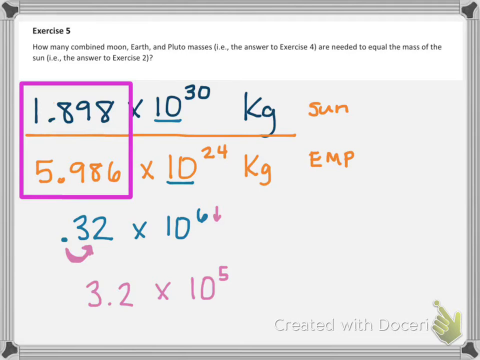So 3.2 times 10 to the 5th combined masses of Earth, Moon, and Pluto it would take to equal the Sun. I don't need kilograms there. A lot. You can see how enormous the Sun is.